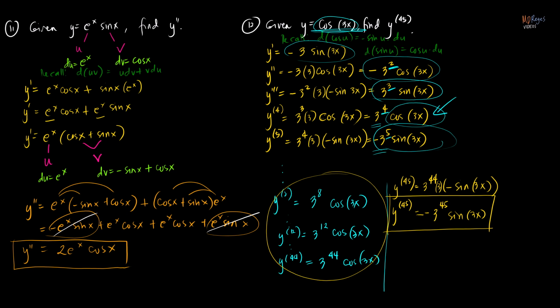So the 44th derivative will again be equal to the given function cosine of 3x times a multiplier. In this case, the multiplier in the 44th derivative is 3 raised to 44. So upon differentiating that, we get the 45th derivative of the function. Okay, that's it.